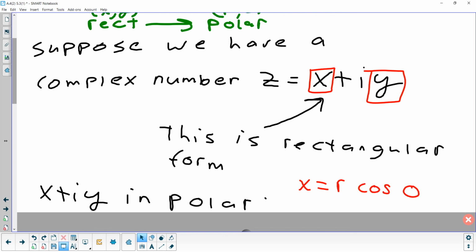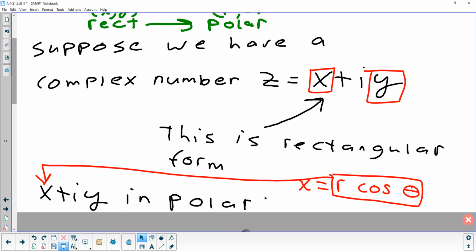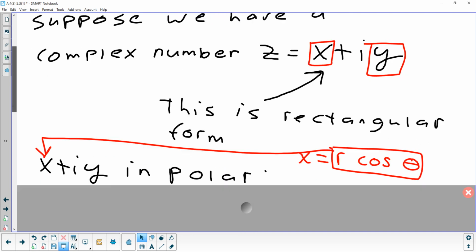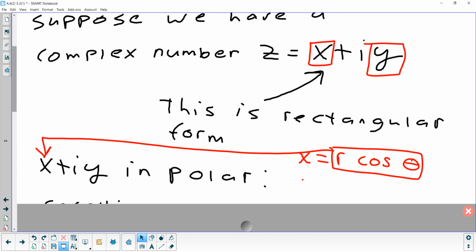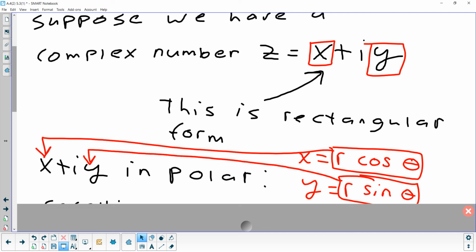Yeah, it was x equals r cosine theta. So what we're going to do is replace x with the formula we have from Monday. And what about y? Anybody remember what was the formula we had for y? Yep. Y equals r sine theta. So to get rid of the y in this formula, we're going to get rid of it the same way we did on Monday.